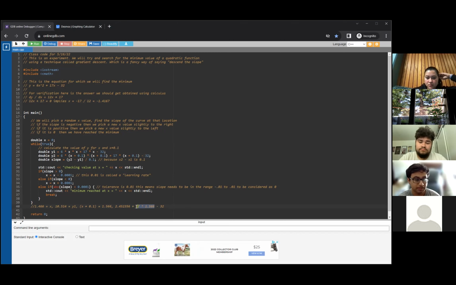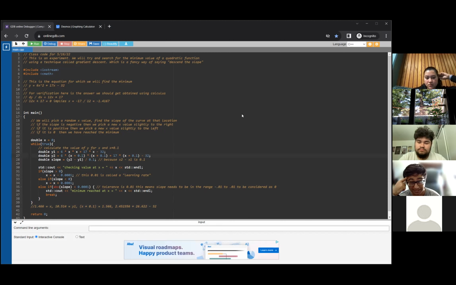For the 0.1, if it was really small, maybe it would get us that much closer to 1.4167, is my guess. But I don't know. I'm really confused on this. I'm having a hard time visualizing it too.